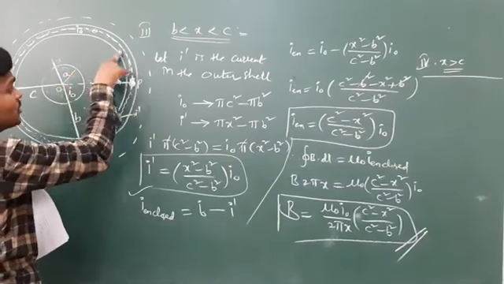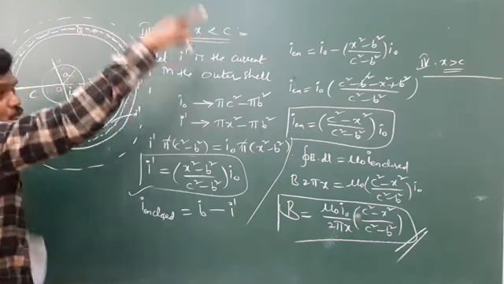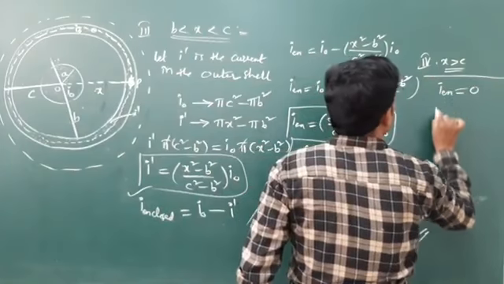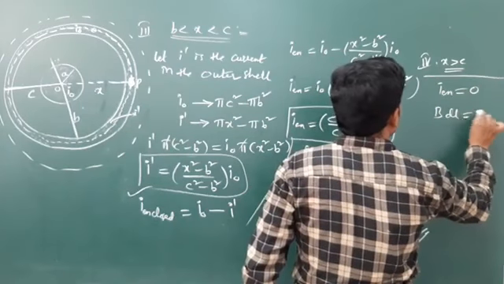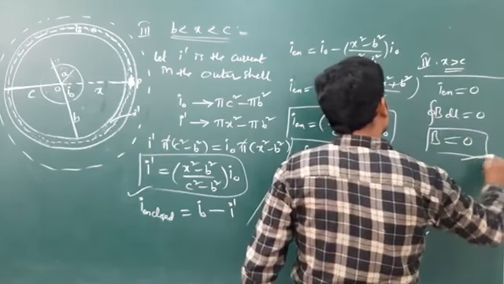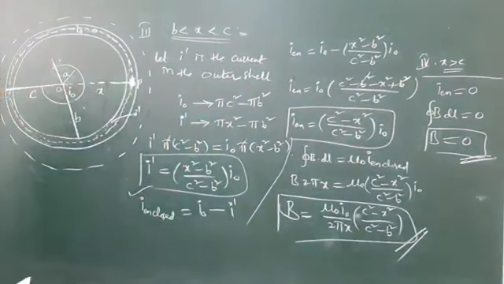If it is 2 ampere inward, this is also 2 ampere but outward. So if you draw the Amperian loop outside of c, the current enclosed is 0. So the integral of B dot dl is equal to 0. The field at x greater than c is 0. Okay, take this.